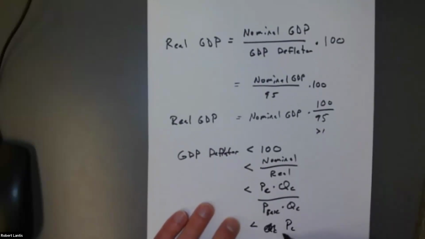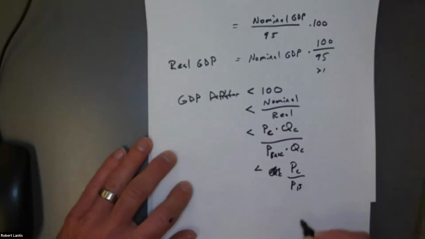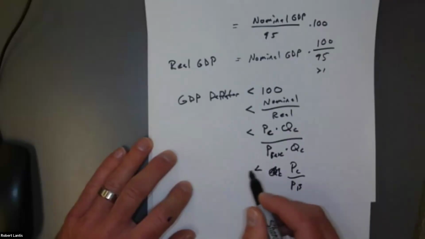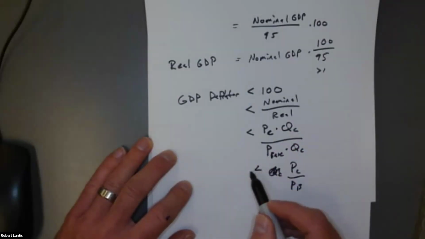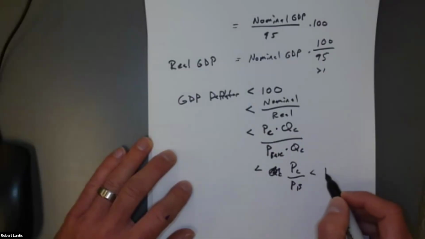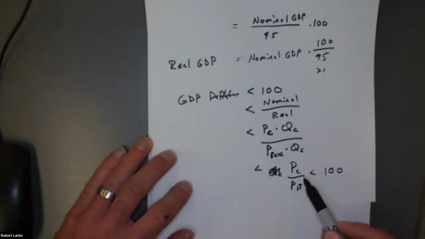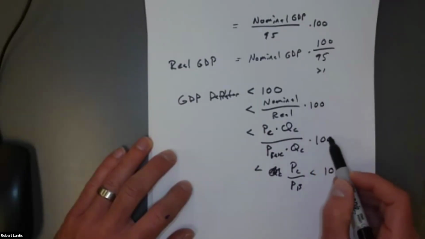So I've got the price in my current year over the price in my base year. If my GDP deflator is less than 100 here, when would this fraction be less than 100? It would have to be, and I left out here, sorry. We're always multiplying by 100 here.